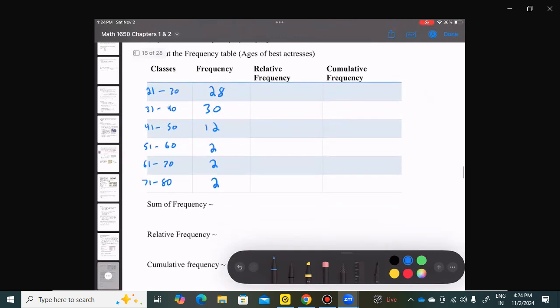So first thing is sum of the frequencies. This is the total number of data values. It's important to know because it comes into how we find our relative frequency. That's total 76. Okay.